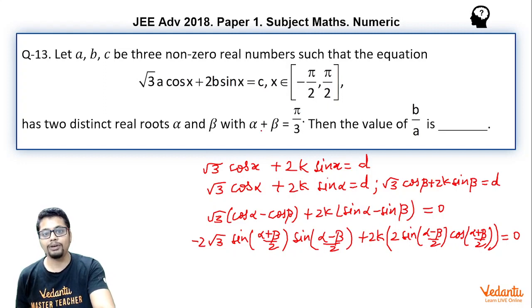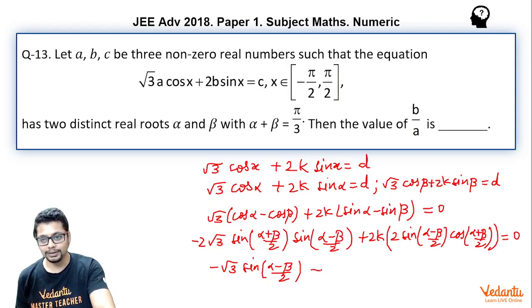Now we know alpha plus beta is pi by 3. So (alpha plus beta) divided by 2 is pi by 6. Sine pi by 6 is half, so I'm left with this. And cos pi by 6 is root 3 by 2.